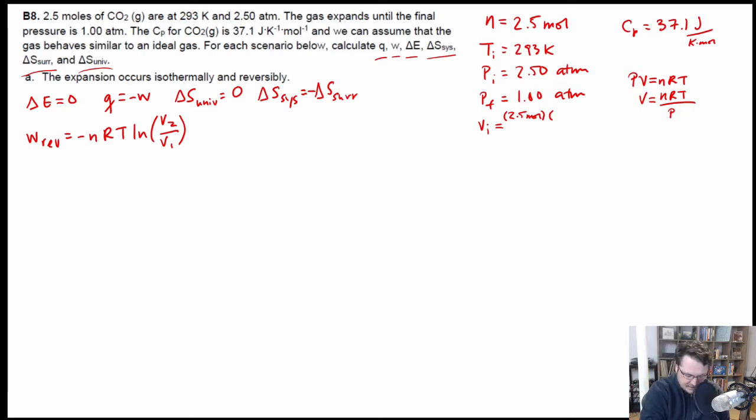The gas constant we're going to use here is 0.08206 liters atmospheres over Kelvin mole.